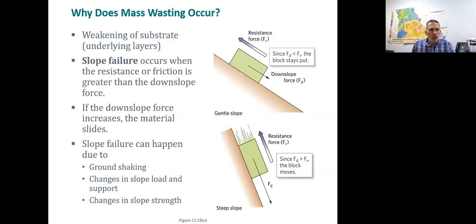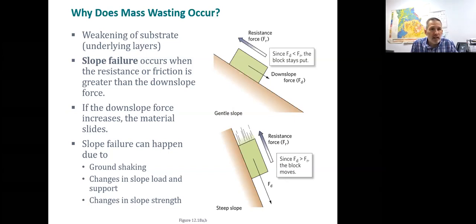Well, whenever we're going to experience a slope failure or a mass wasting event, we're going to have a point where the resisting force, or the force of friction pushing up, is less than the driving force, the force that is causing this material to mass waste. And there are some things that can really be called triggering events.